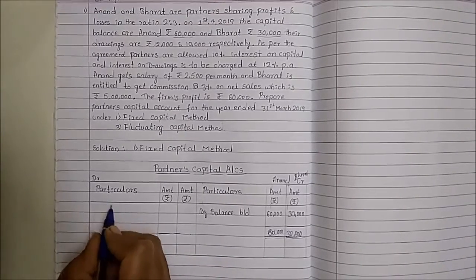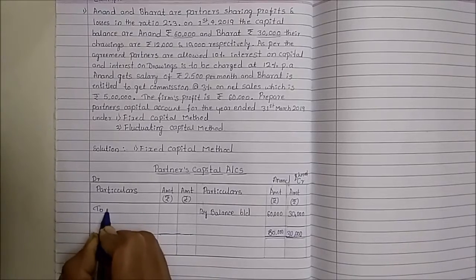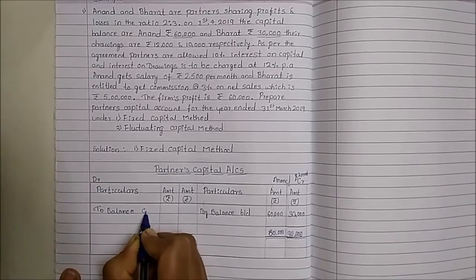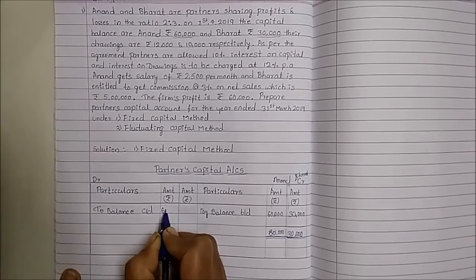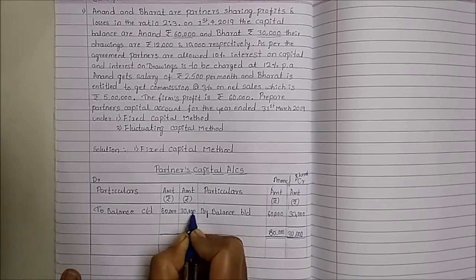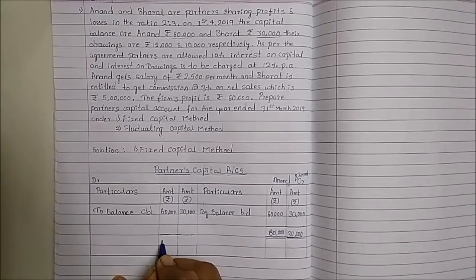This amount will go here also to balance, carried down, 60,000 and 30,000. I'll do the closing total.